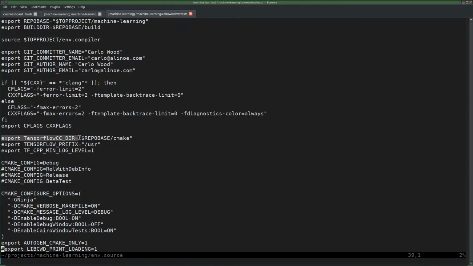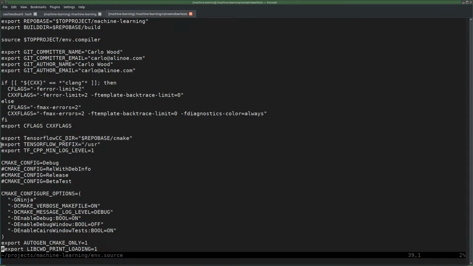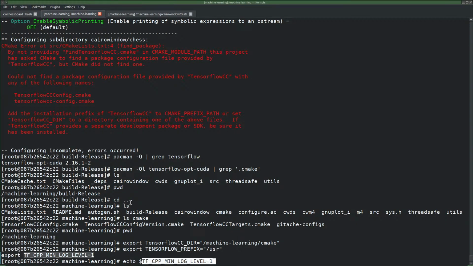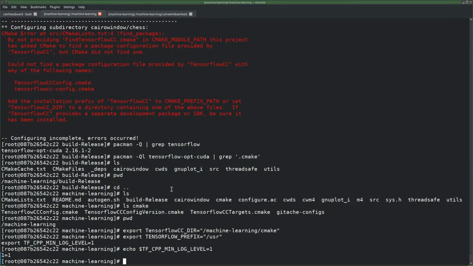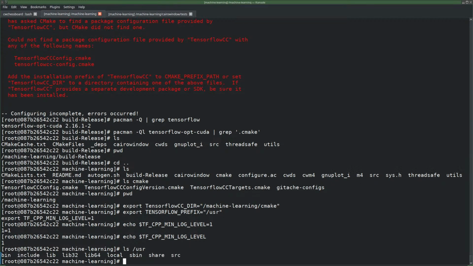Export tensor dir is machine learning slash CMake. And then why not? Because you don't understand it, these two. That's actually being set. TensorFlow prefix slash usr. Are you sure about that? Do we even have a slash usr? I do that.